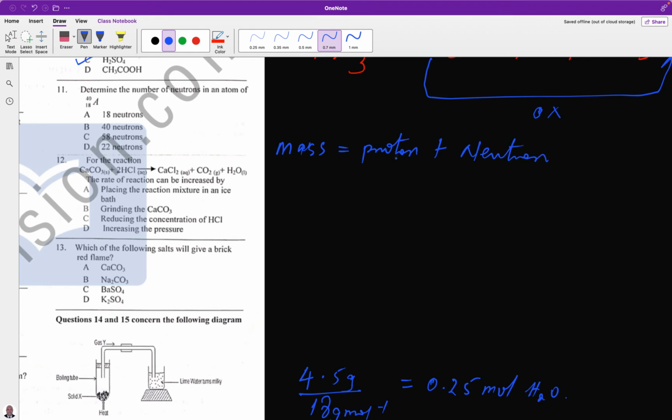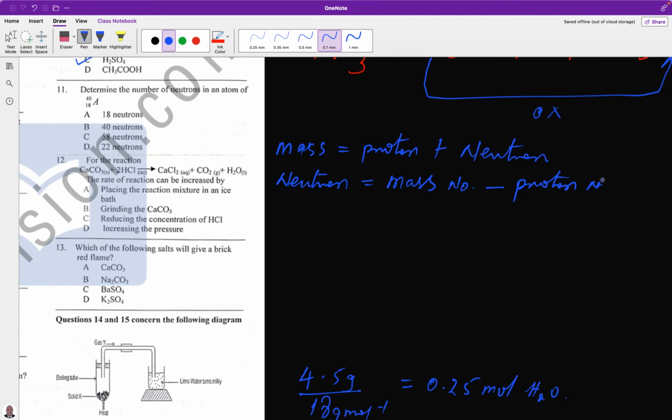The proton is what we call the atomic number, please. Now we are looking for the number of neutrons. Neutron now will be equal to the mass number minus the proton number.